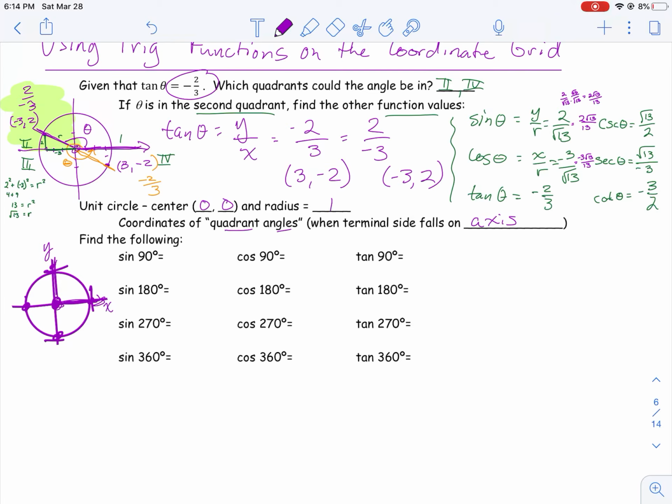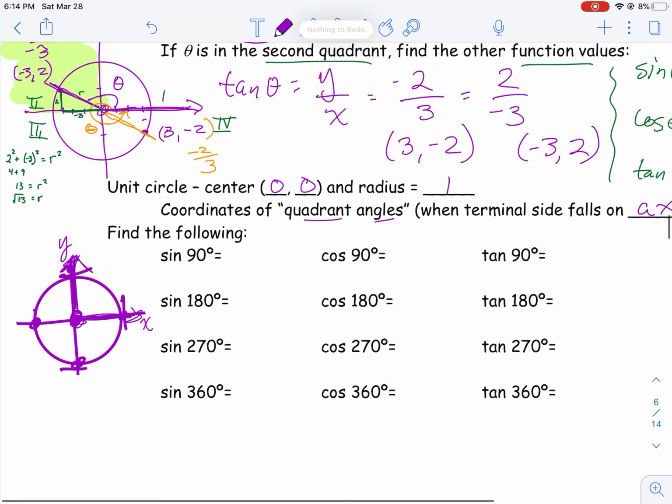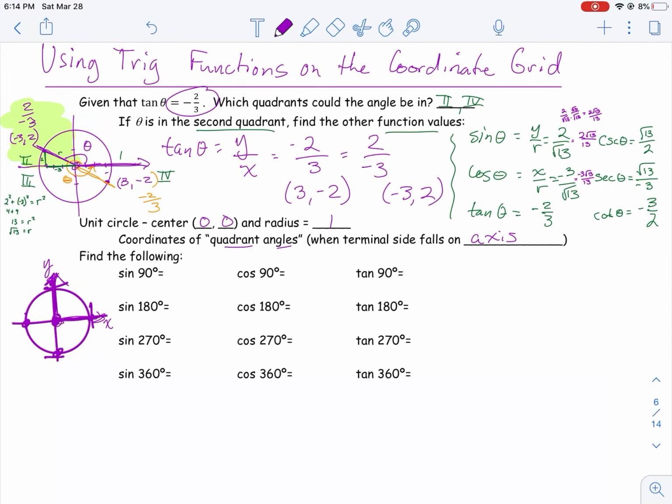So here is my initial side. This would be a quadrant angle. Do you see that's lying on the axis? What's the coordinate of this point here? Pause the video. You know what it is. The radius is 1.